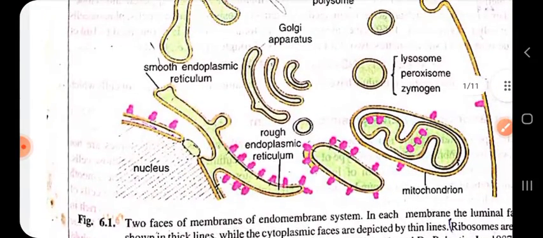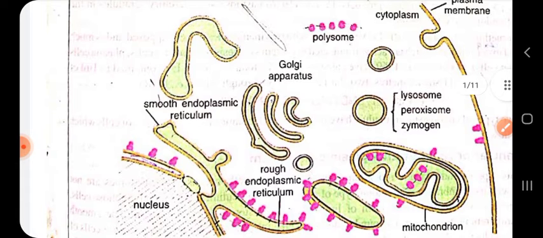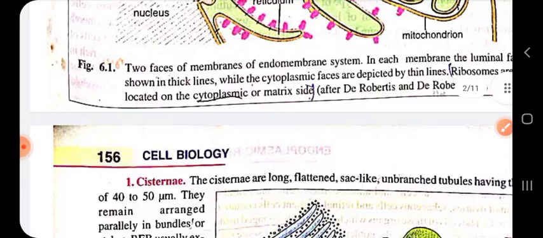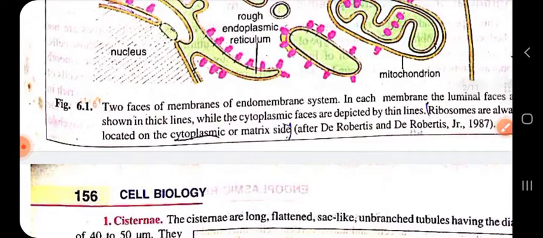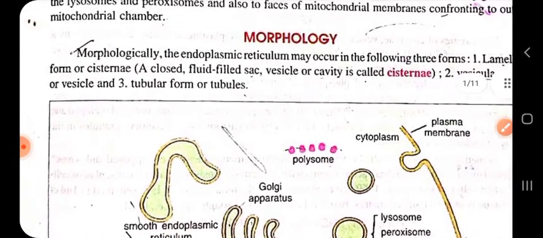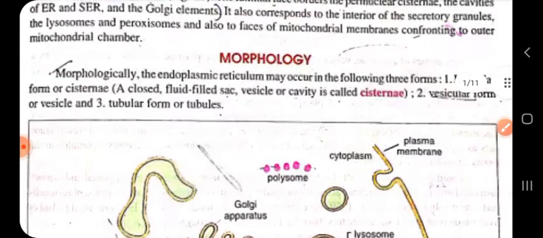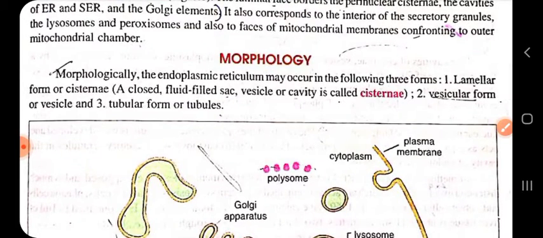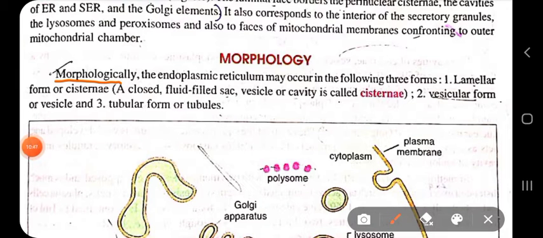So this was about the general membrane view of your endoplasmic reticulum. And if I see the morphological structure of the endoplasmic reticulum, morphologically, it may consist of the following three forms.